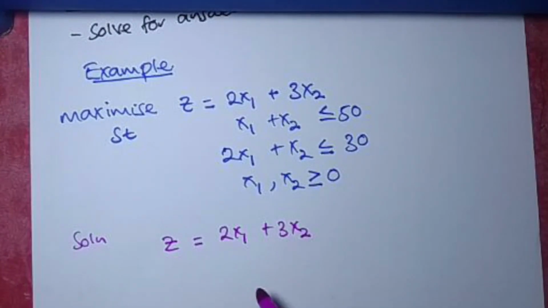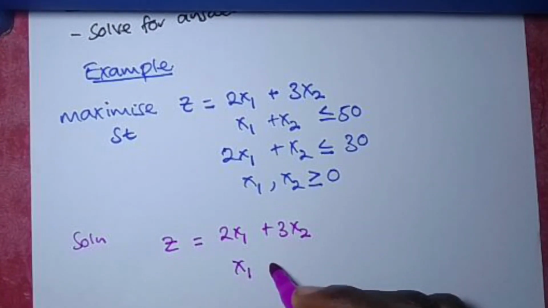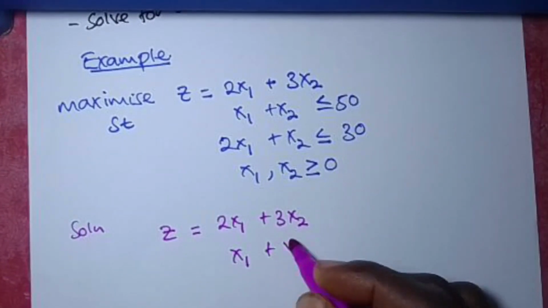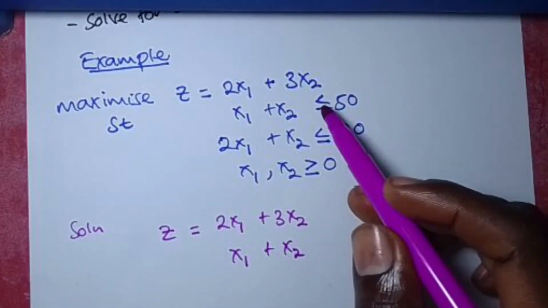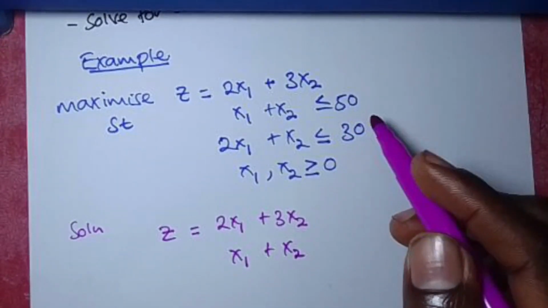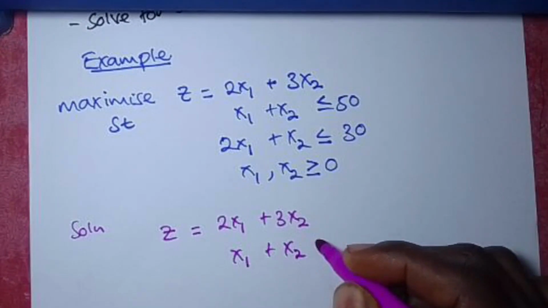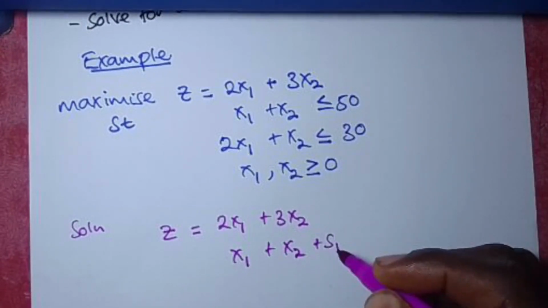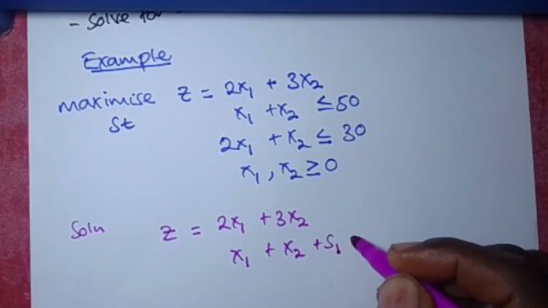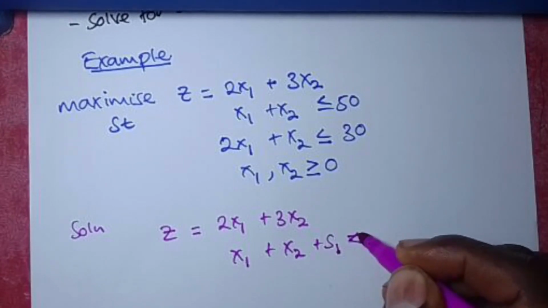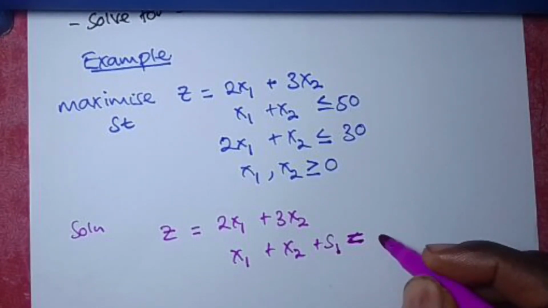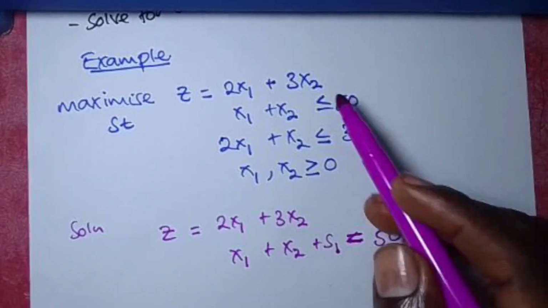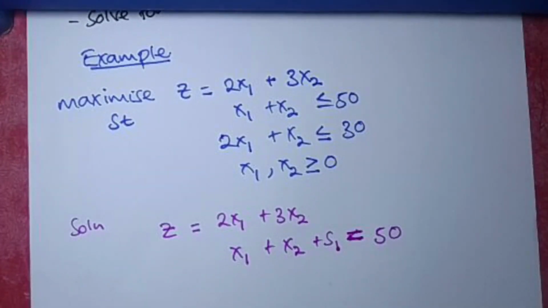Then you go to the other ones. It is x1 plus x2. Now to remove the less than or equal to, we add a slack variable s1. So plus s1 equals 50. Now we have removed the less than or equal to sign.